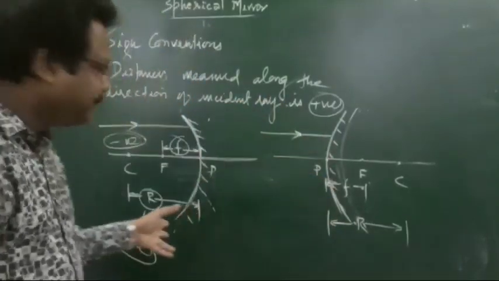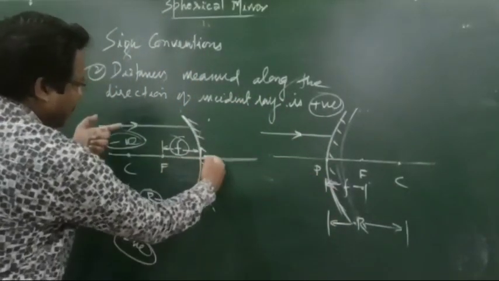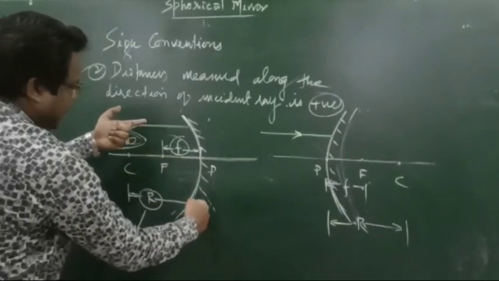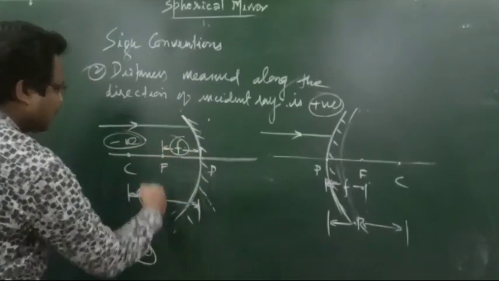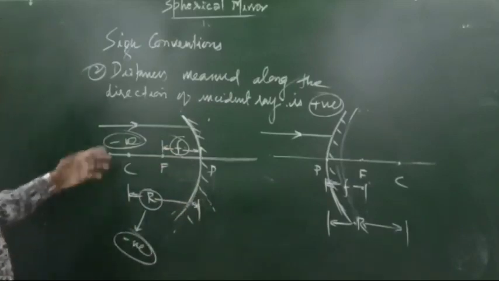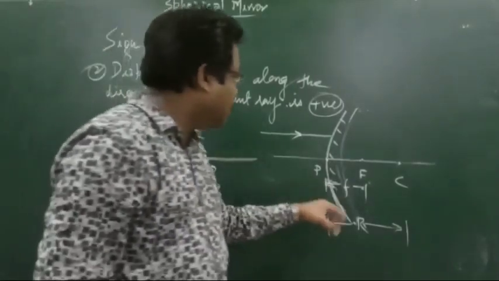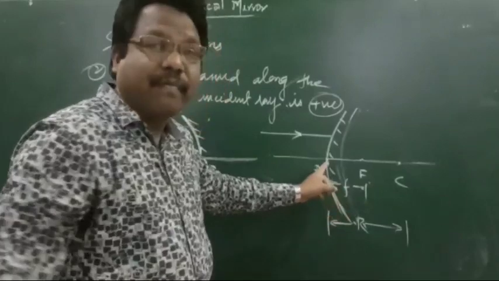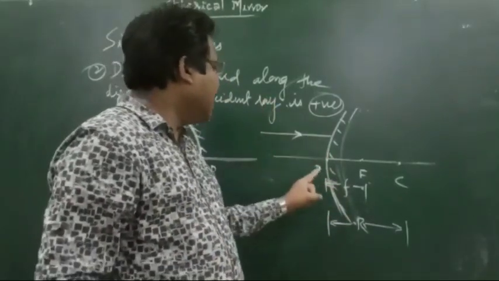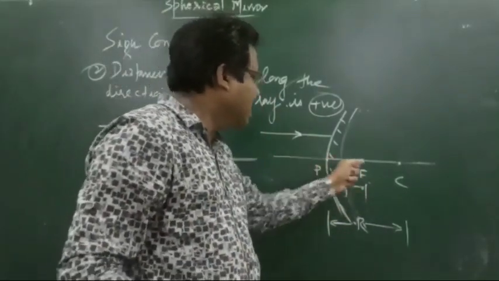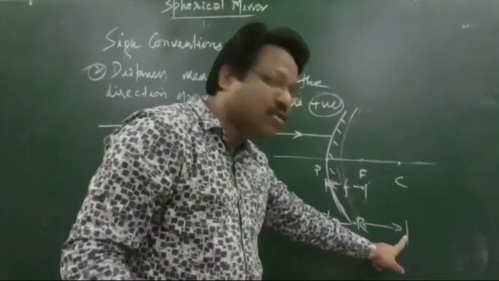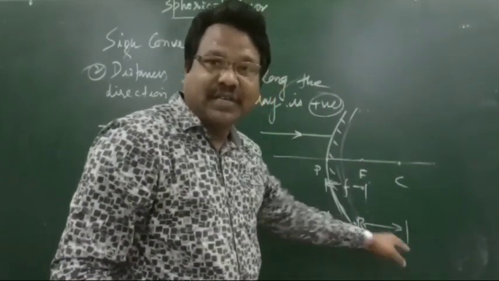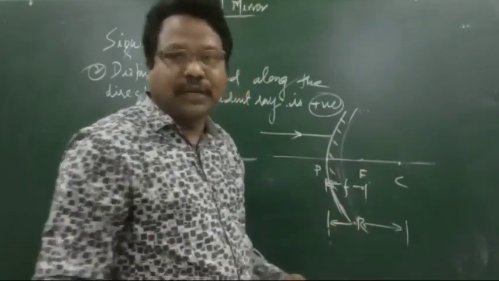For a concave mirror, the focal length and radius of curvature we measure opposite to the incident ray, so these two are taken negative. But in case of a convex mirror, when you measure the focal length from pole to focus along the ray, positive. From pole to center, the radius of curvature along the ray, so positive.